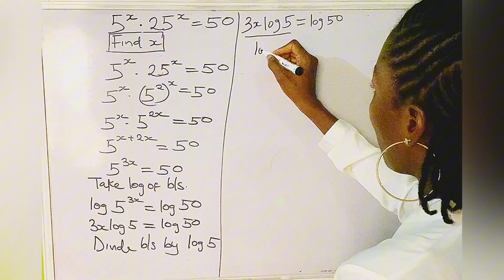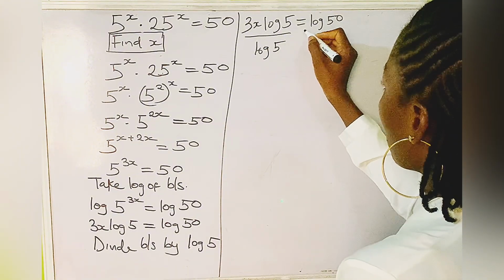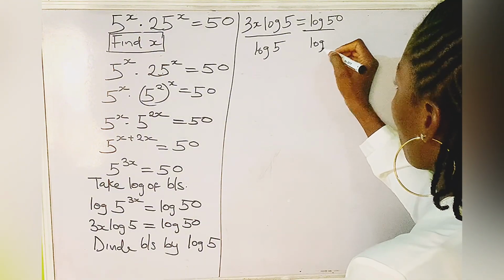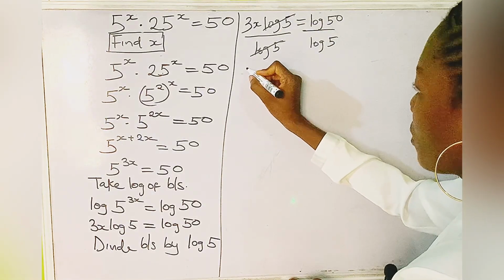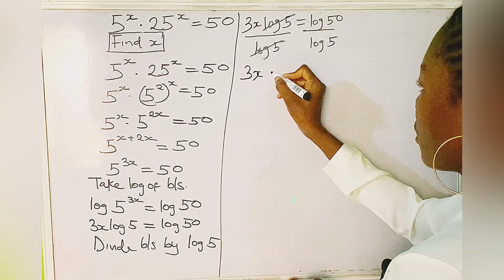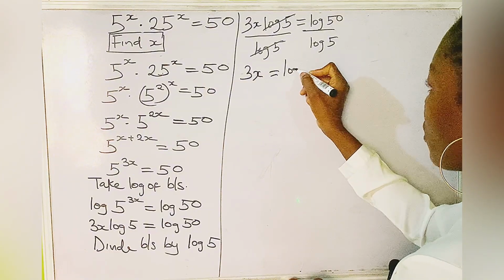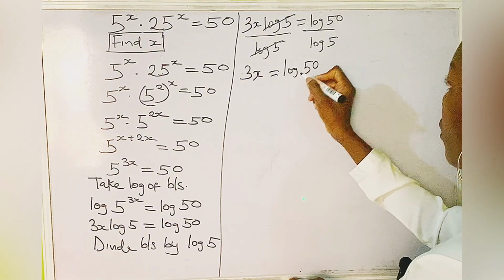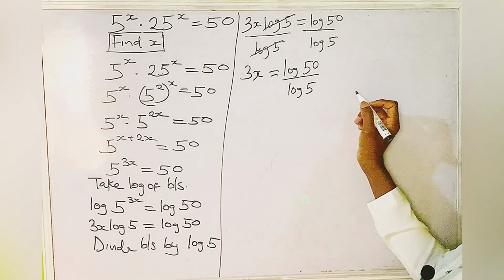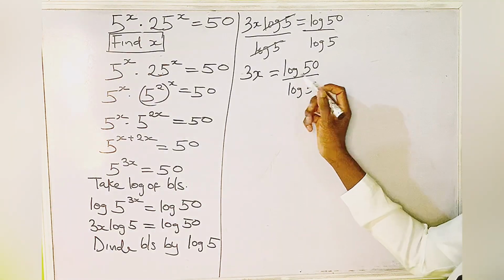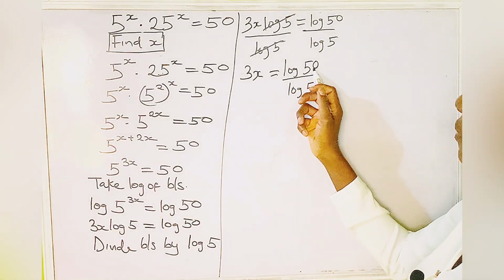Divide here by log 5, divide here by log 5. Log 5 over log 5 cancels, and we have 3x is equal to log 50 over log 5.